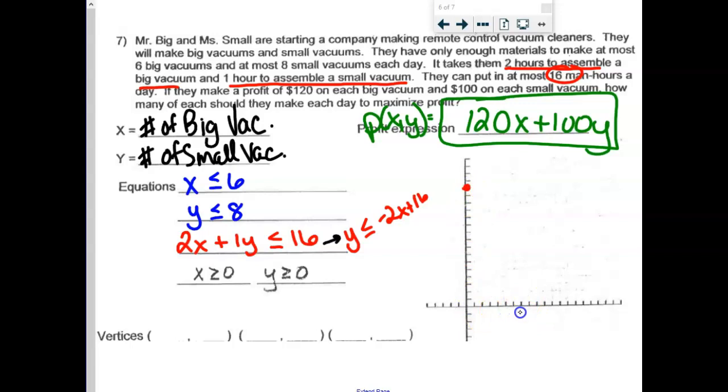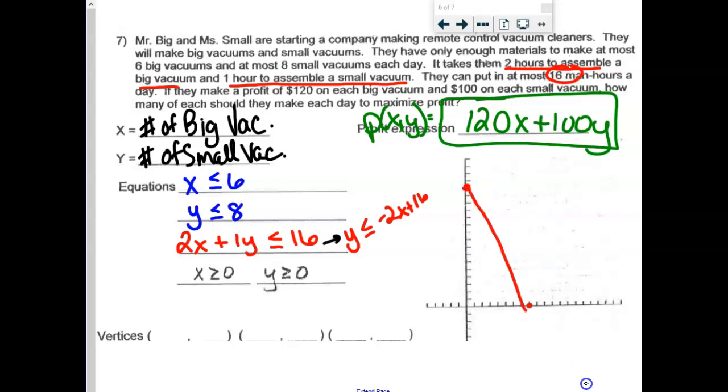It would intercept the x-axis at 8, because if you set a 0 in for y, you'd get 2x equals 16, so x equals 8. I just found the intercept through the standard form method.